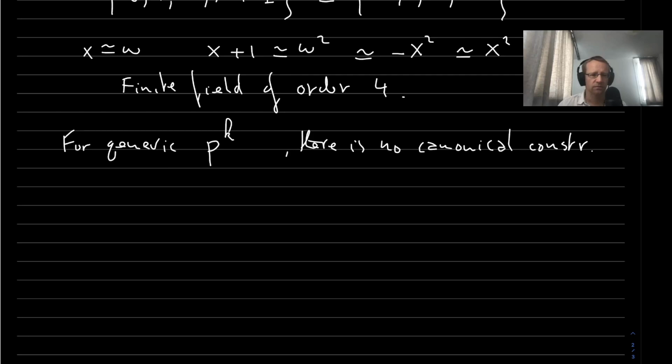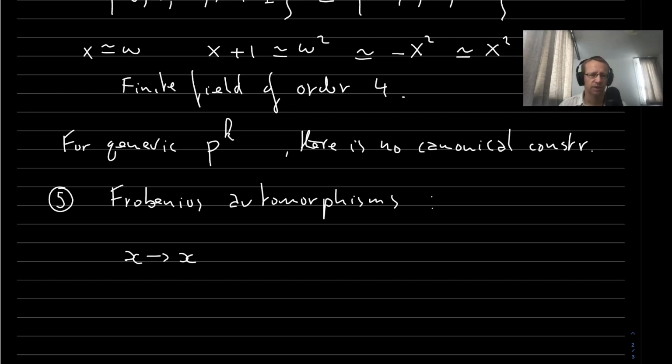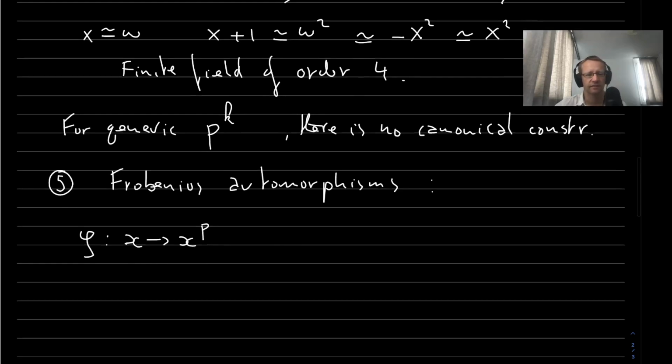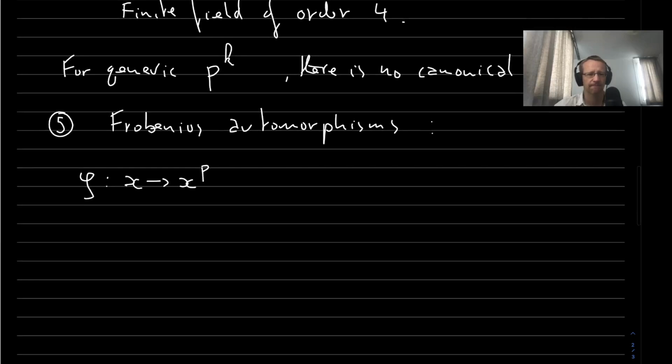Now, a further property is that we have Frobenius automorphisms of fields, and they map each element to x to the p inside GF of p to the k.